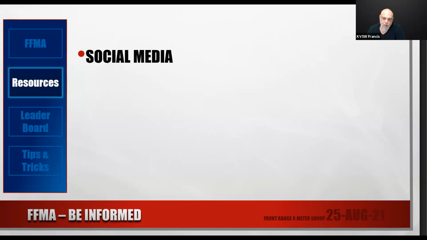The other thing you may want to take a look into is Twitter. A lot of you may not be on Twitter. When I was getting more involved in satellite, I noticed a lot of the satellite ops were on Twitter. So I joined up and started following the guys. And those guys, even though a lot of them don't do 6 meters, some of them will start doing 6 meters, like Dave and Wyatt.